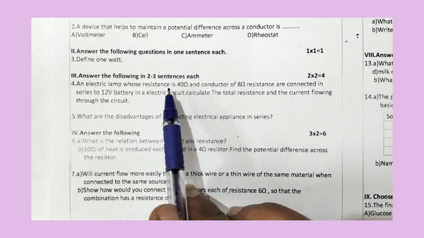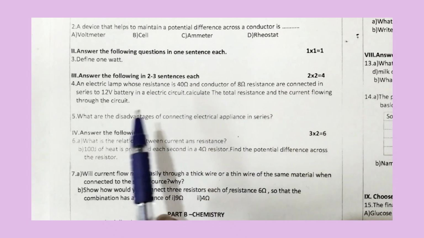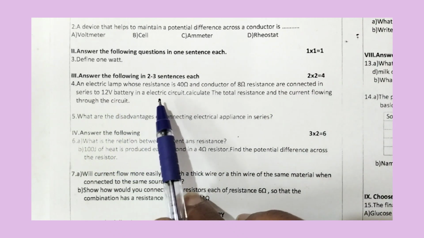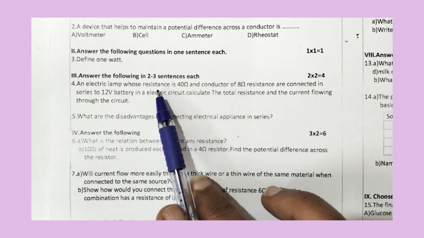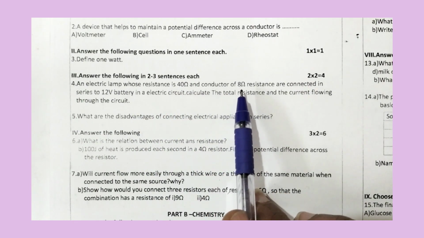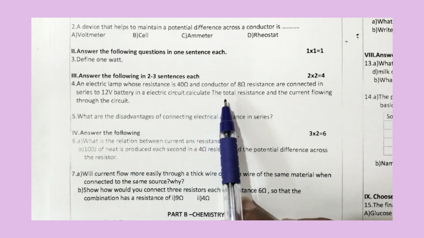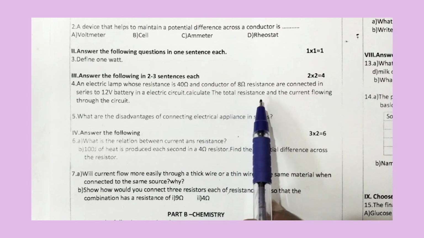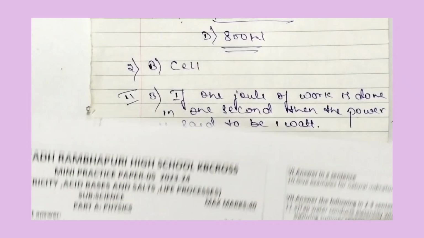An electric lamp whose resistance is 40 ohm and a conductor of 8 ohm resistance are connected in series to a 12 volts battery in an electric circuit. Now we have to calculate the total circuit resistance and the total circuit current. So let us calculate both of them.